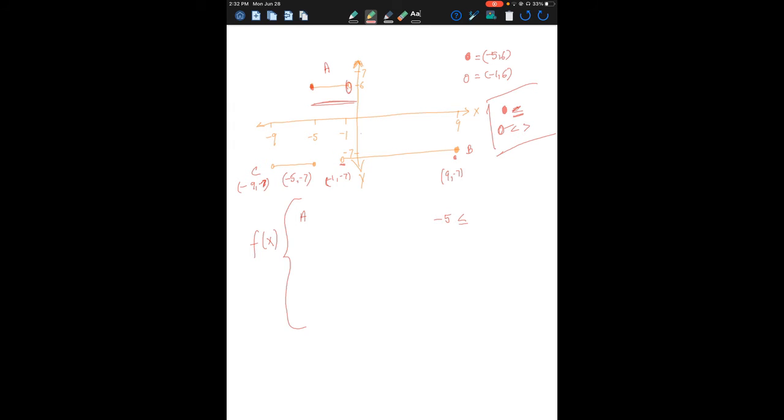Now, negative 5, I'm just going to erase this. Negative 5 is included, but it's not equal to, so negative 5 is less than x.